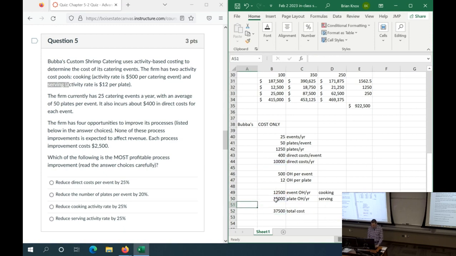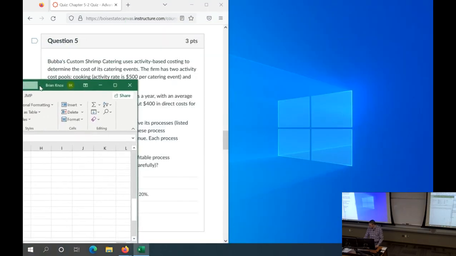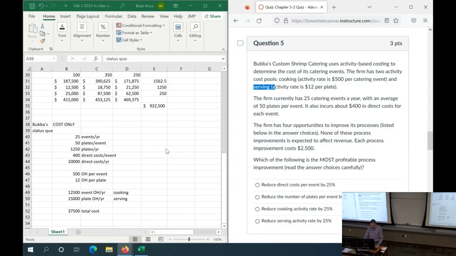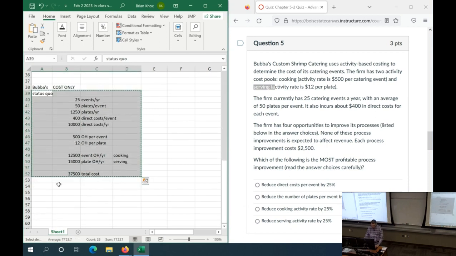So $37,500 is where we start from. I'm actually going to flip these. That's where we start. The status quo is 37,500.